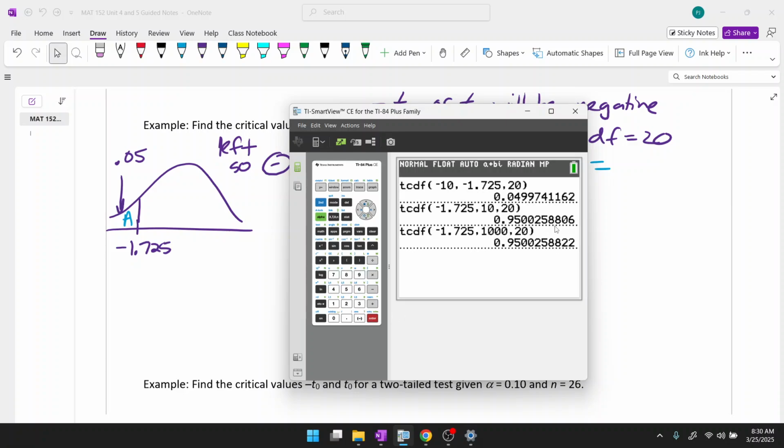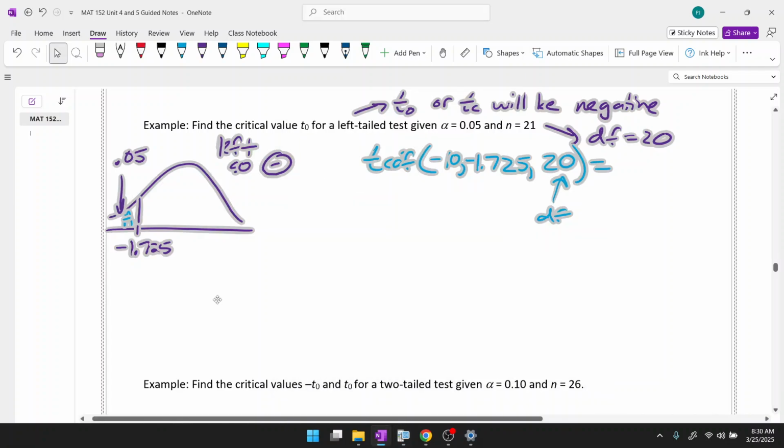If you look, the difference really comes in a much later decimal place. So 10 is pretty much safe. But there might be a case where you get a t-value between like negative 10 and negative 20, or 10 and 20, and then you would want to use 100. So that's what you'd want to do in that event.